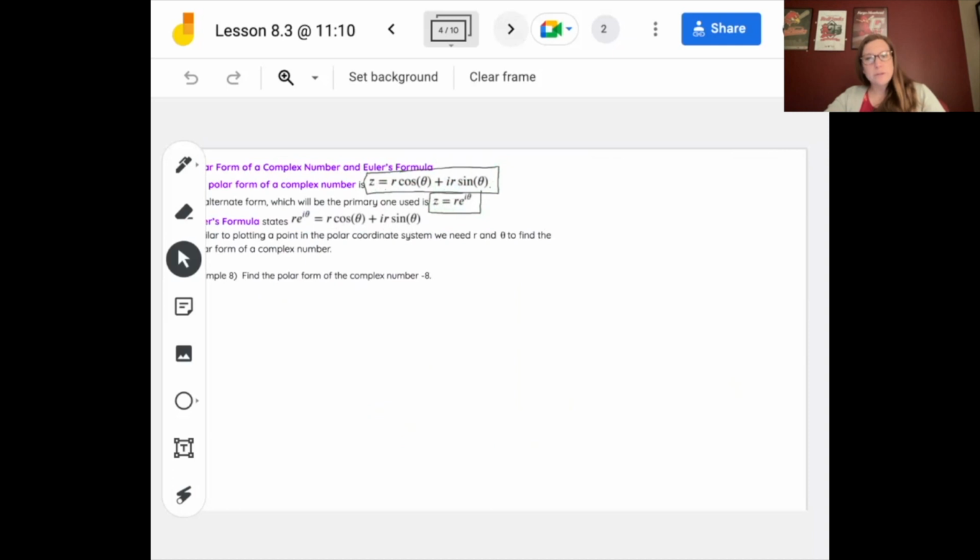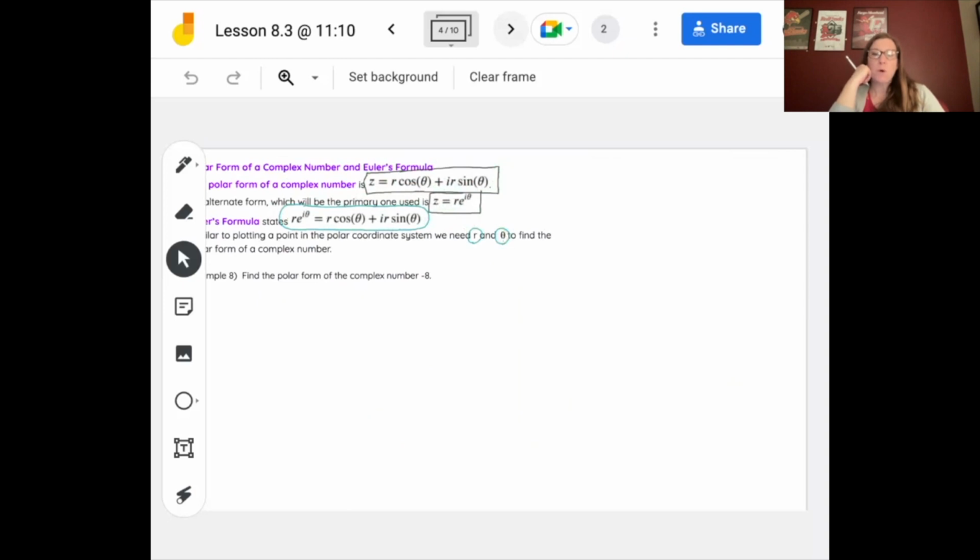It's called Euler's formula. So we will use both of these formulas together. And our good friend Euler, he was from the 18th century. He did lots of cool things in math, but this is his formula. Okay. And again, all we need in both instances is a radius and theta.